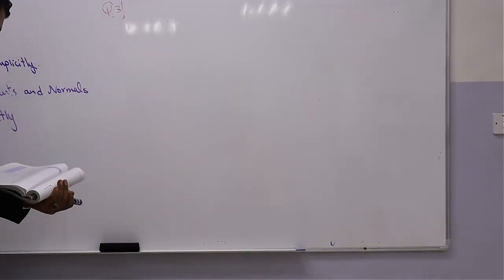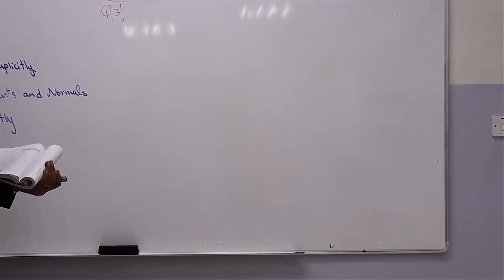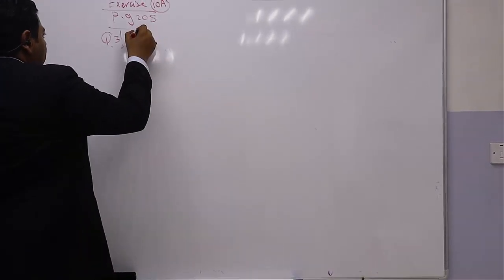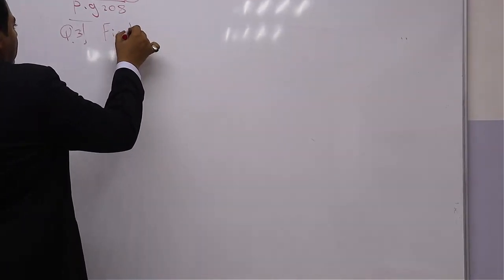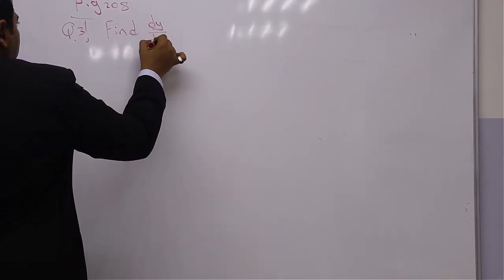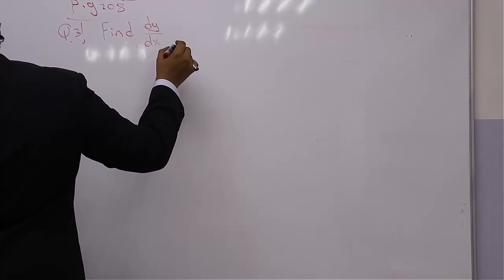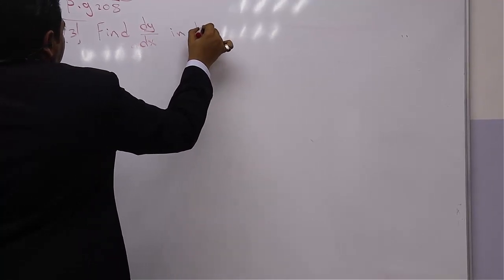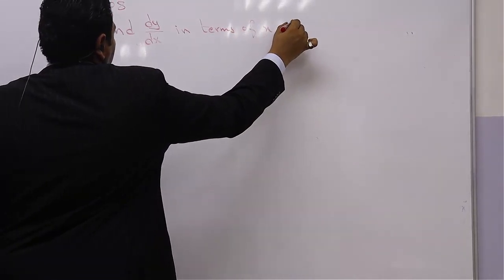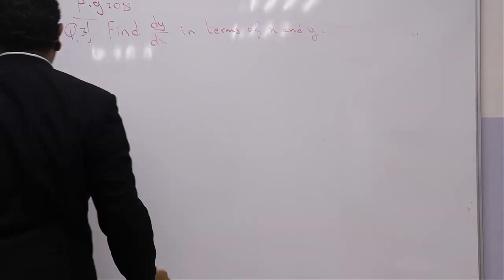In question 3, for each of these implicit functions, find dy over dx in terms of x and y.